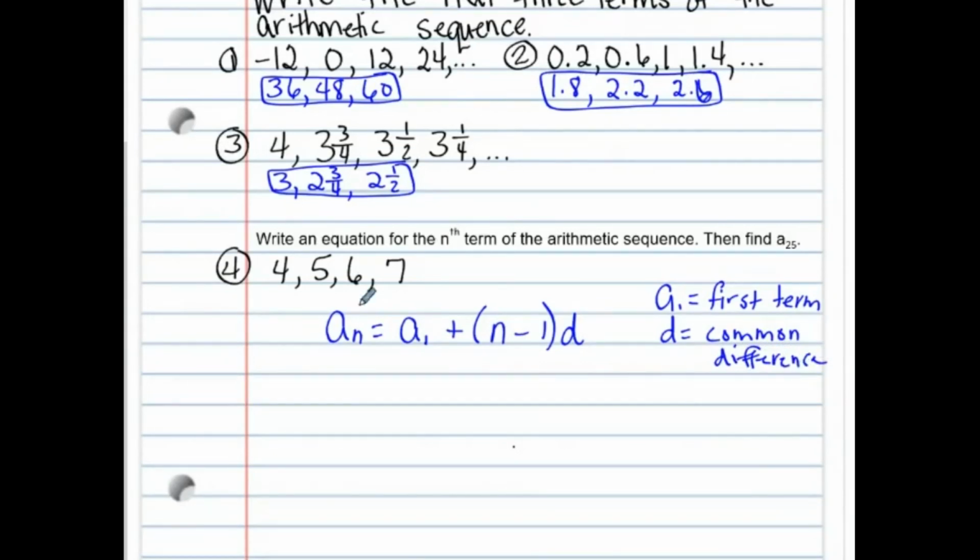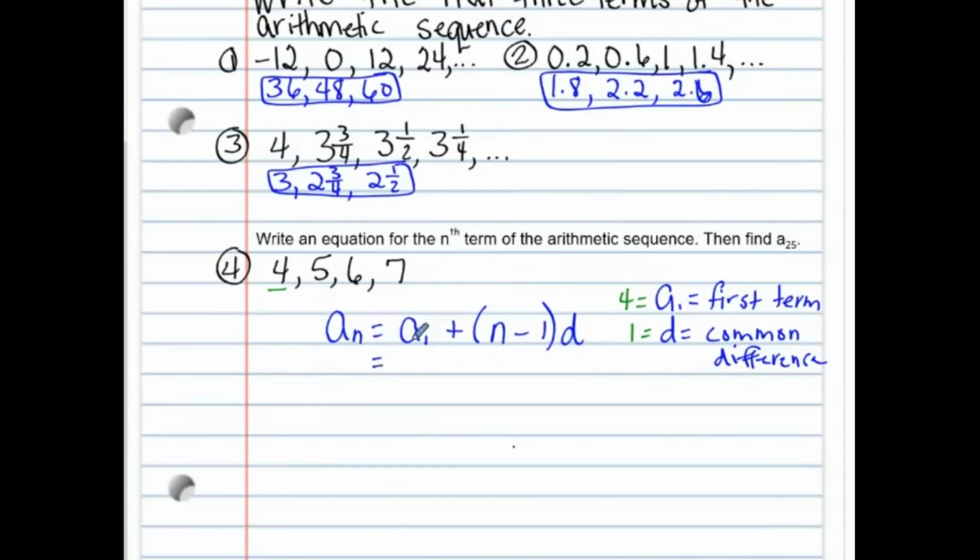So we're going to go back and plug it in. So the first thing is we needed to find out the first term and the common difference. And I see in the chat that we found the common difference. You're right, it is a 1. And what about the first term? The first term is going to be the 4. Very good. So what we're going to do is we're going to go back and plug it in, okay?